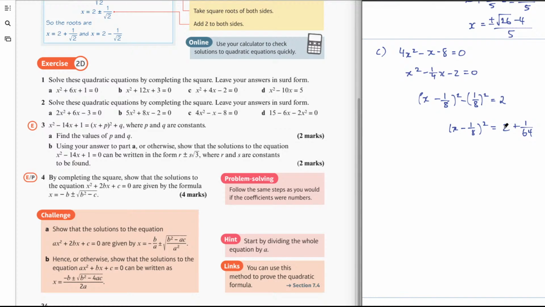If we multiply, we get 128 on 64, which is the same as 2. So that's going to be 129 on 64. And then take the square roots.